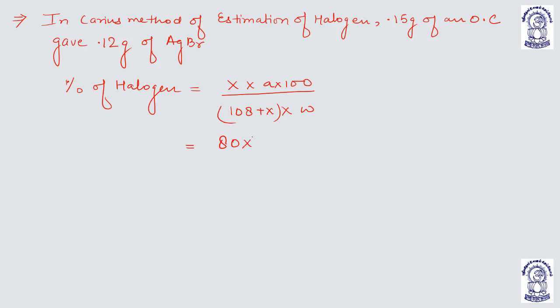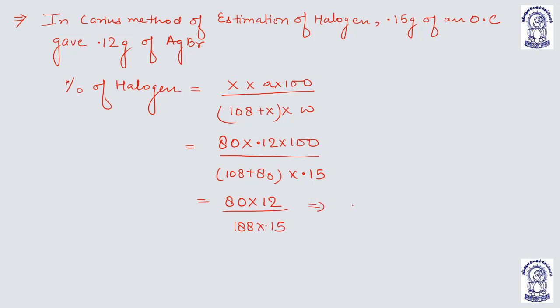A is the mass of silver halide, which is 0.12. So 0.12 into 100 upon 108 plus 80 into 0.15, that is 188 into 0.15, comes to be 34.04%. This is the percentage of halogen.